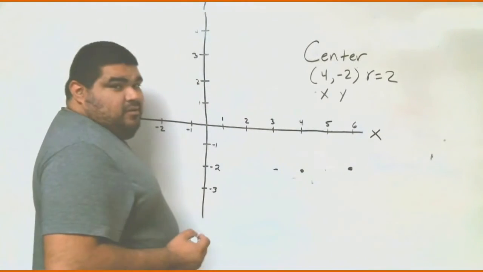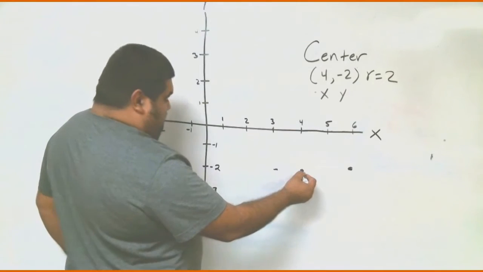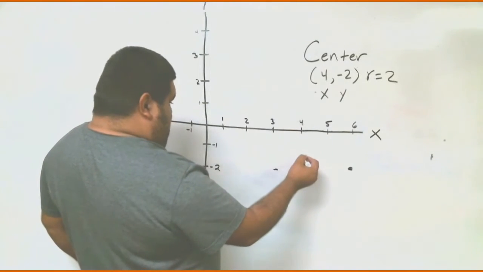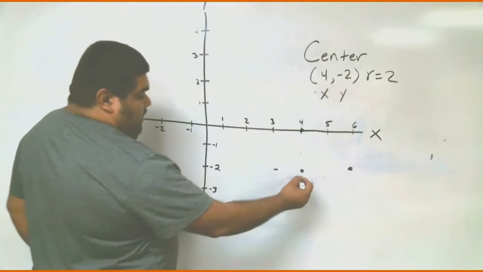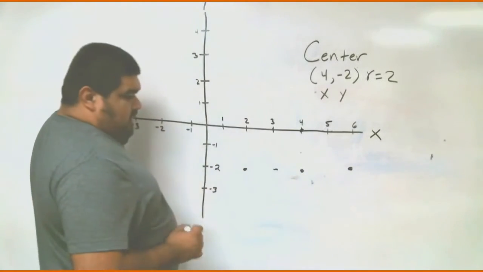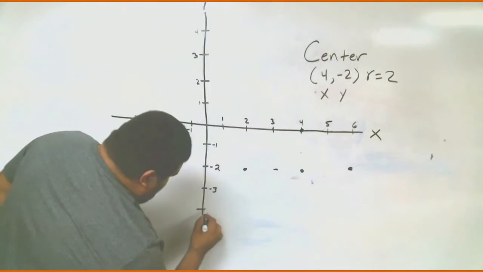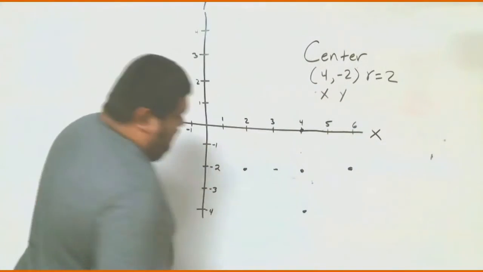Make a circle there. Then we go from the center of origin up 1, 2. Then we go to the left 2, which is about there. And then we go down 2, about there.